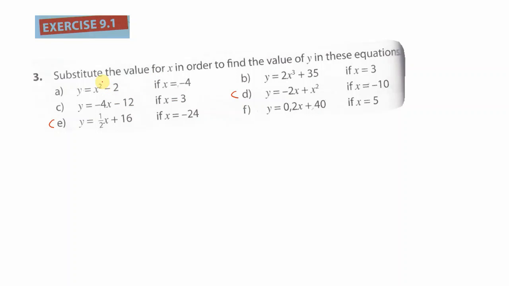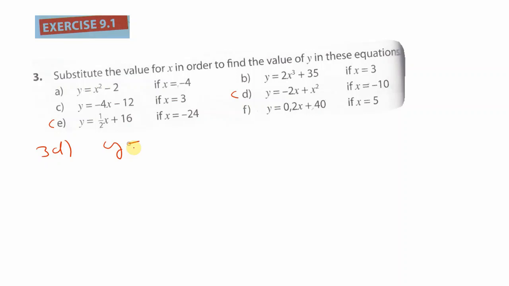Number 3, we have to substitute or replace the value for x in order to find the value of y in these equations. So let's firstly look at number D. So wherever we have x now, we have to replace it with negative 10.